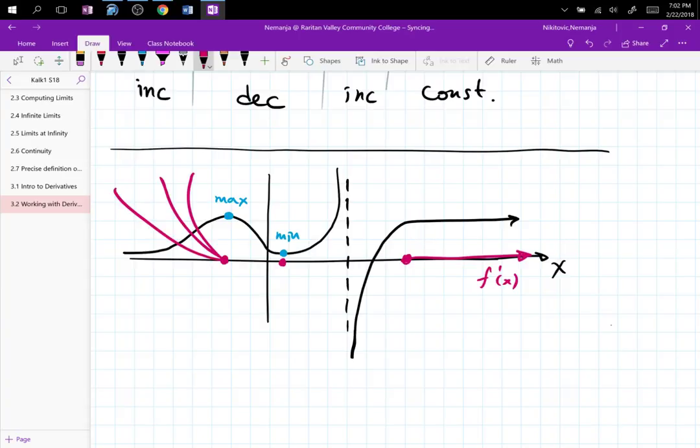All right. It's a sketch. It's not precise. You're going to be precise in chapter 4. Right now, it's just a sketch. This piece over here is decreasing.